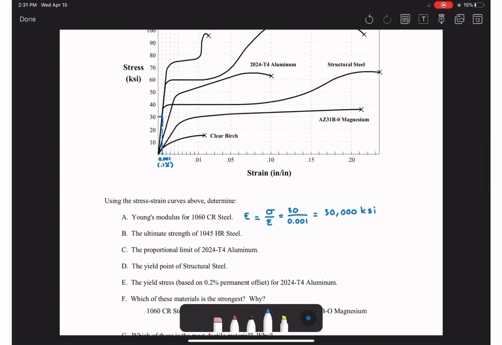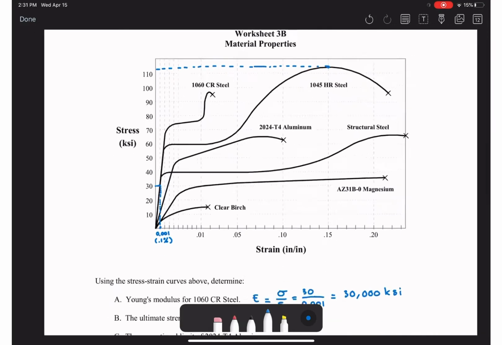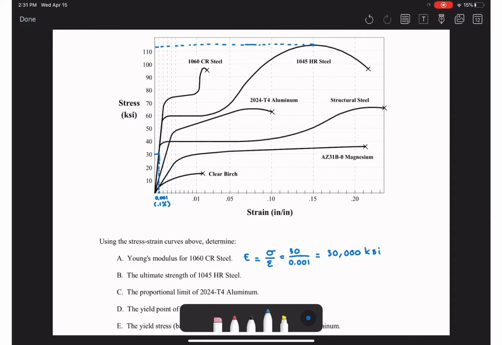You see it is a little bit above 110, so approximately 113 ksi based on the graph we have.